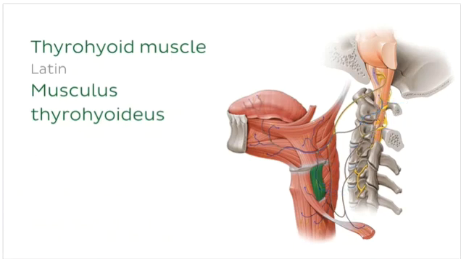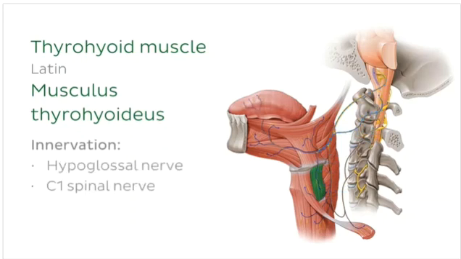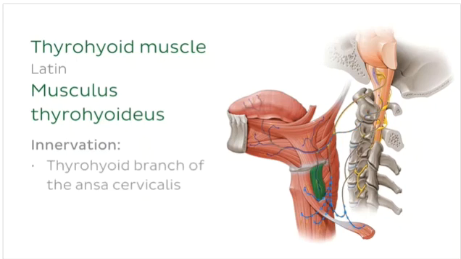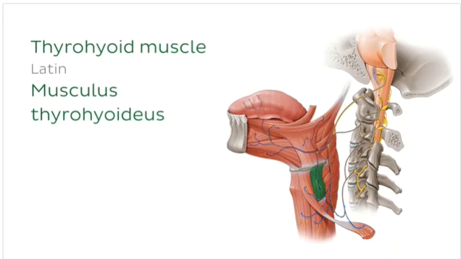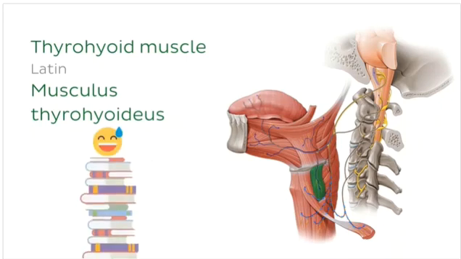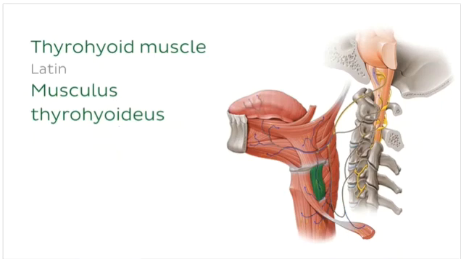Hence you may see the innervation of this muscle as coming from either the hypoglossal nerve or the C1 spinal nerve. To complicate matters even further, some textbooks may also describe the innervation of the thyrohyoid muscle as originating as the thyrohyoid branch of the ansa cervicalis instead of a direct branch coming off the hypoglossal nerve. And this is generally deemed to be a variation of the typical anatomy, but hopefully this explanation might save you some confusion when studying for your final exams.